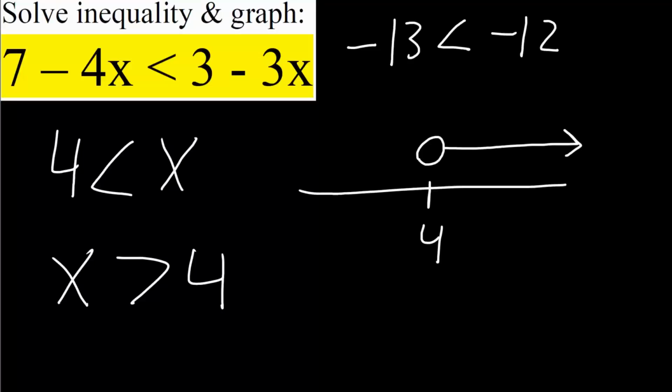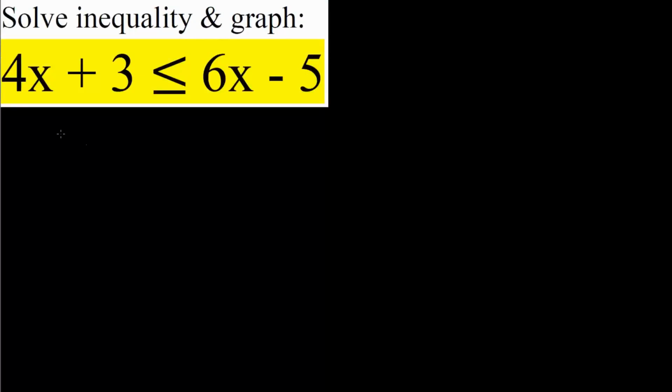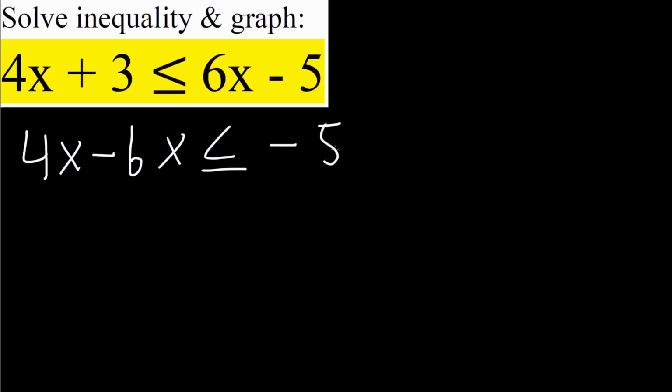And now we'll do the final question. 4x plus 3 is less than or equal to 6x minus 5. And in this problem, I will subtract 6x here. So I will have 4x minus 6x is less than or equal to minus 5, and I will subtract 3.